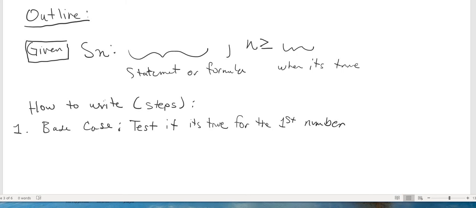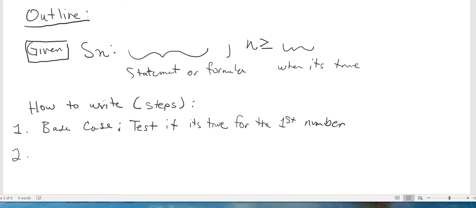And you can check as many as you like, and a lot of times it's a good idea. You have this weird looking formula and you're supposed to be proving it, and you don't really know what this formula does or how it works. So I would say test as many as you want, but in reality you're only required to do just one.